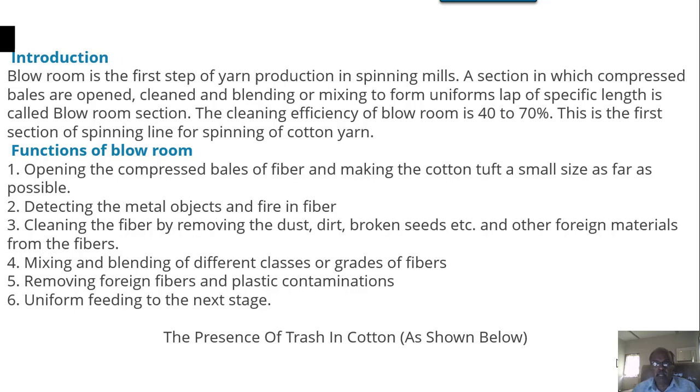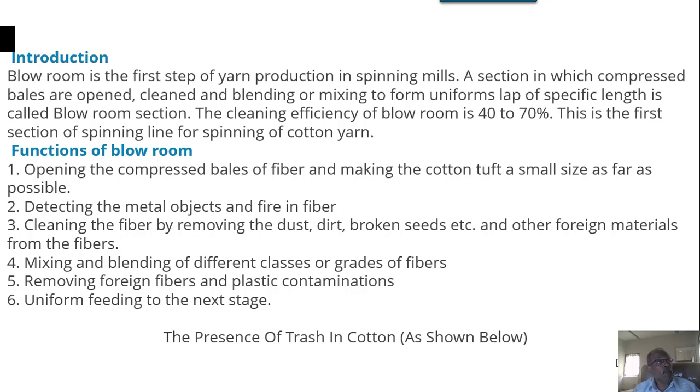As in the earlier unit number 3 we saw, from the field the cotton is collected, ginning is done and then it is compressed into a bale form for ease of transportation, and then it is brought into the warehouse of a spinning mill. From that warehouse, as per the program, it will come into the mixing and blow room department, and then further things will be done on that. So that is how the sequence is, very short.